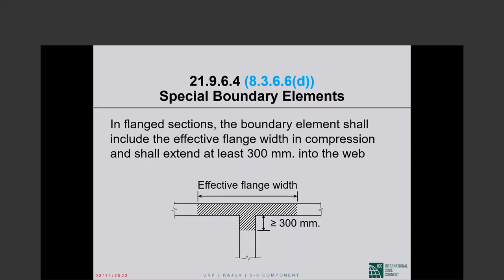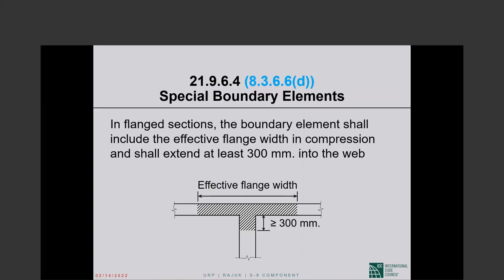For story height, I do not know that we have a standard notation, either in ACI 318 or elsewhere. We have used H sub S, things like that, but it is never H sub W. H sub W is the total height of the wall.